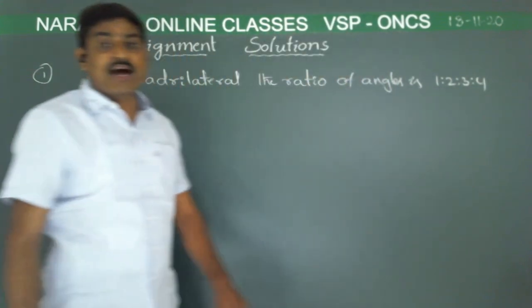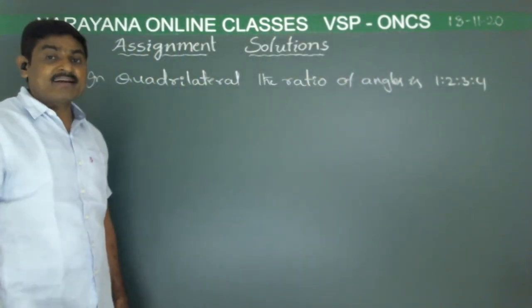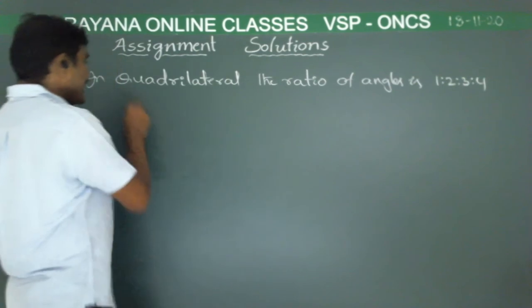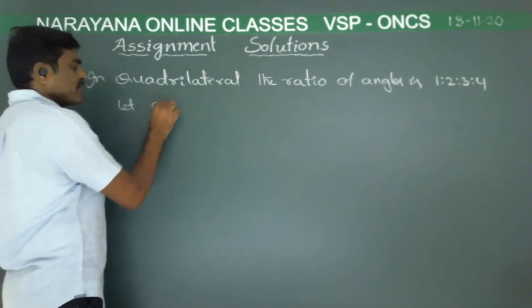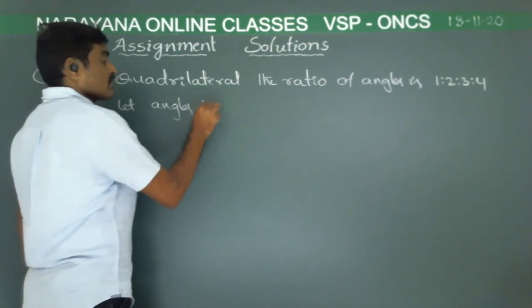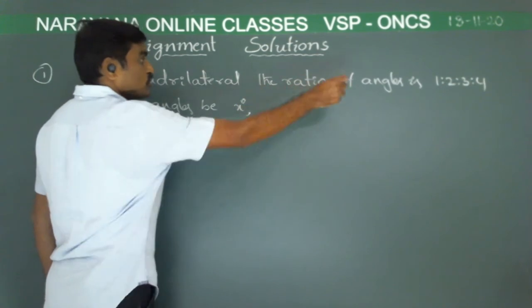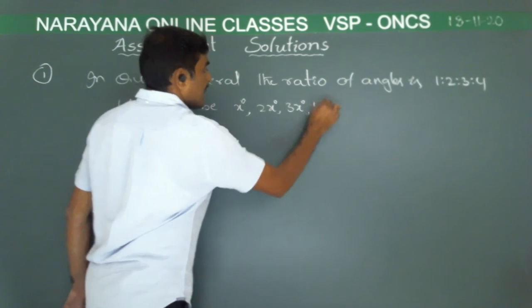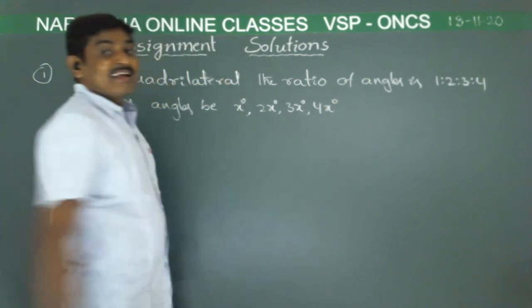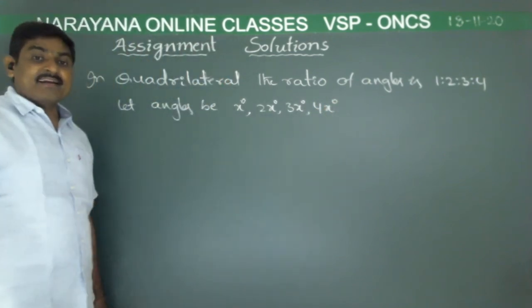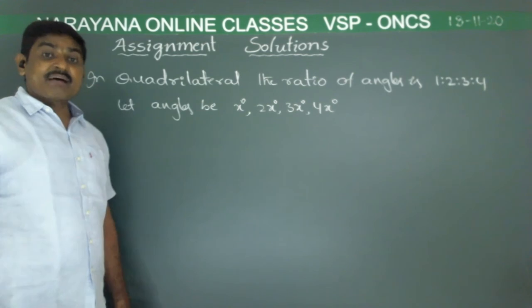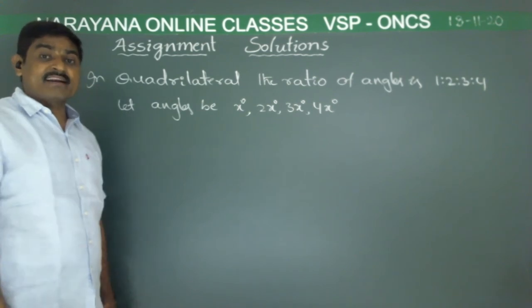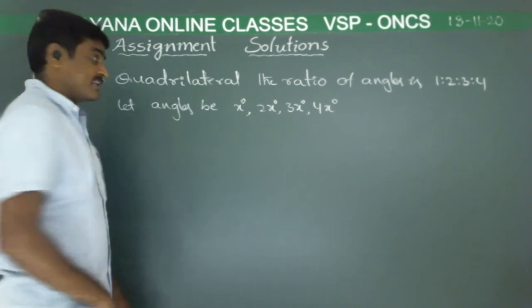We know that we have 4 angles in the quadrilateral. Let the angles be x degrees, 2x degrees, 3x degrees and 4x degrees. By the angle sum property, the sum of angles in a quadrilateral is 360 degrees.